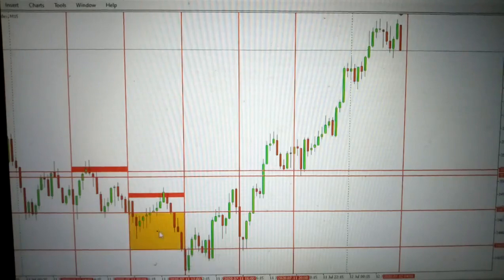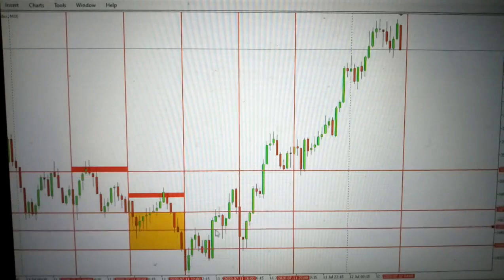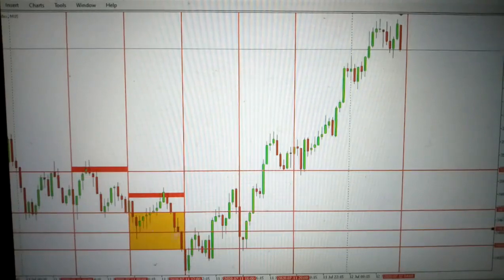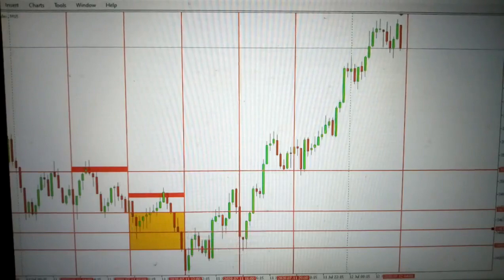Working with this, price dropped from here to this point. So what I'll do is divide this rectangular box into two. Now since I have a drop, I'll be mapping out my resistance around here.